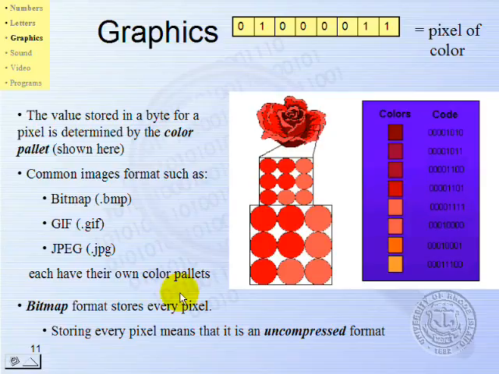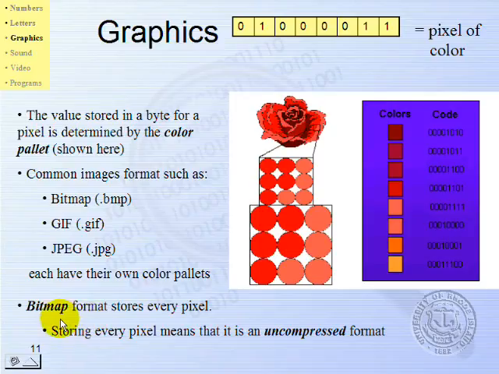The format that the image is stored in on the hard drive determines both the color palette and what order and how the bytes are put into the file to represent the image. The most basic format of image is called a bitmap image.